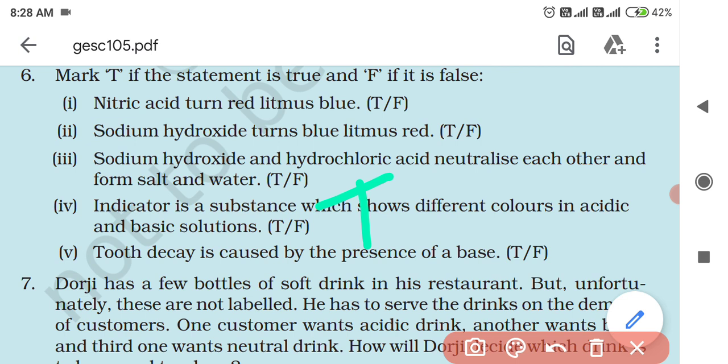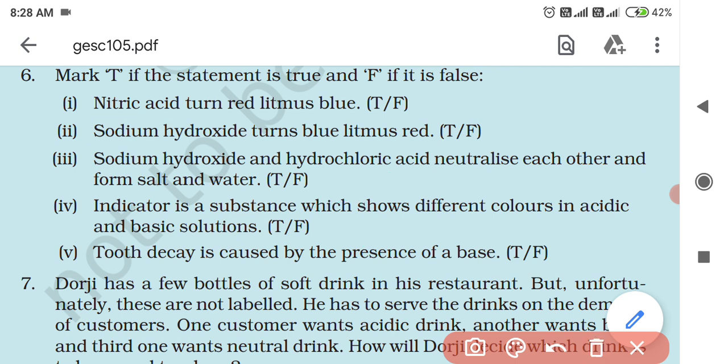Phenolphthalein is a synthetic indicator. All these indicators change their color to show the acidic as well as basic nature of the solutions or substances. Clear? So this statement is true.